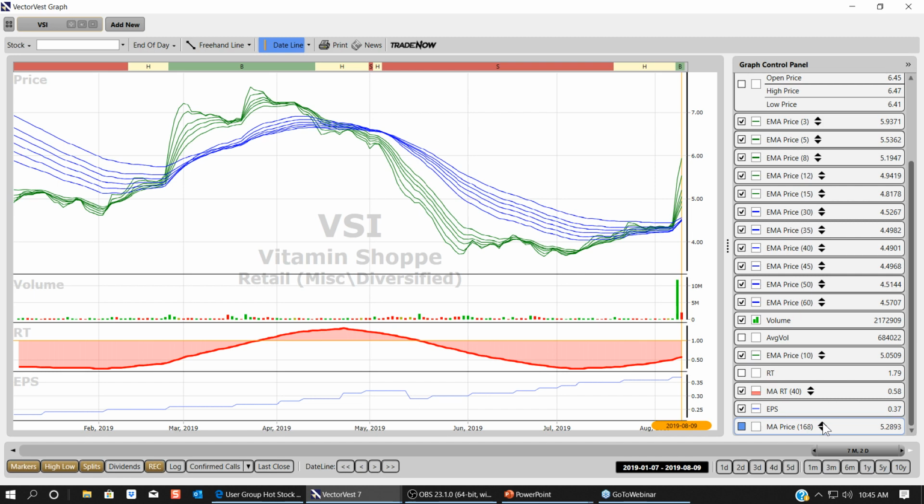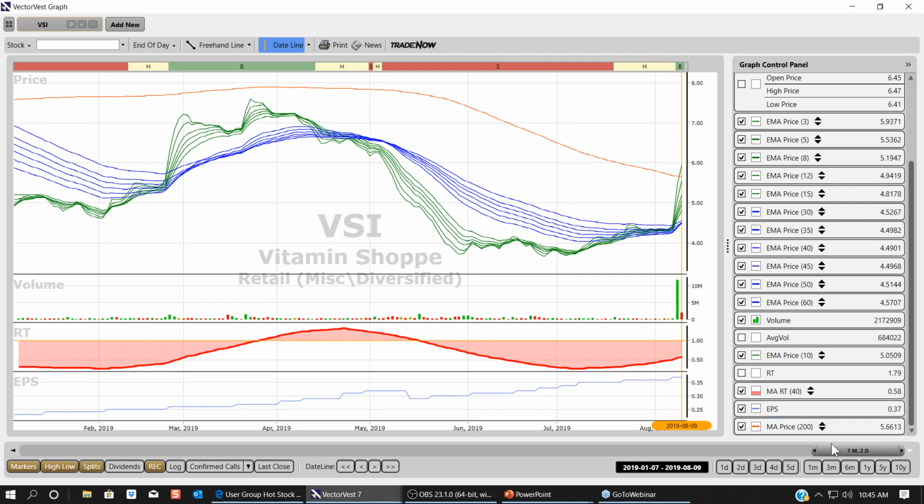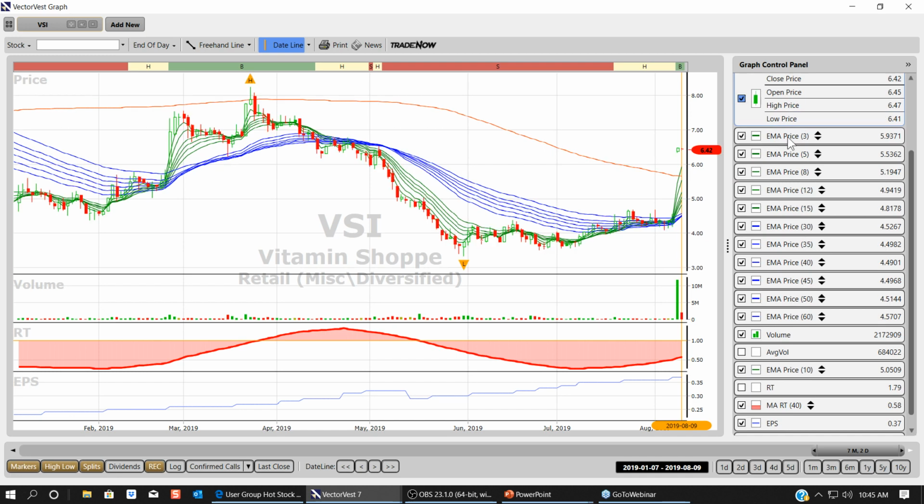That's what the institutions are using. Let me put the price on here. Price did gap up above the 200, so that's interesting. You might take a really small position, and if it proves itself, then you could look at it.